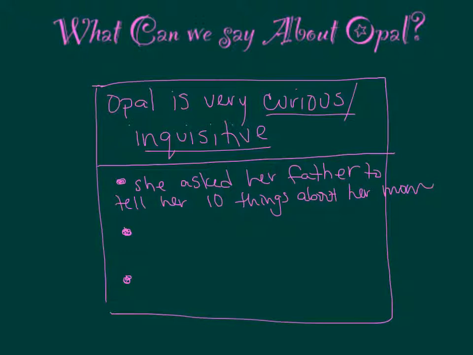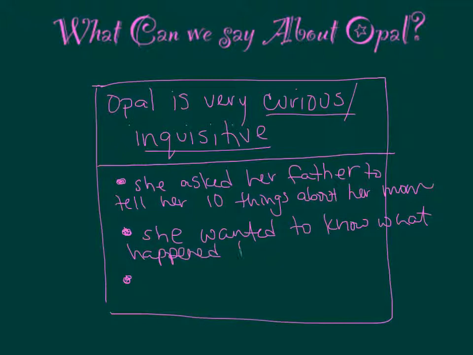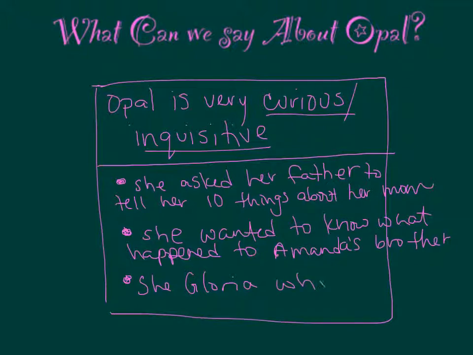Another thing you might have said was that she wanted to know what happened to Amanda's brother Carson. And finally, you might have said that she asked Gloria why Otis went to jail.